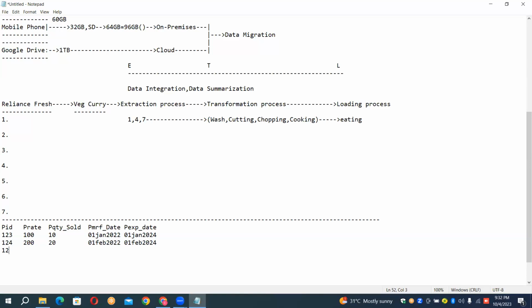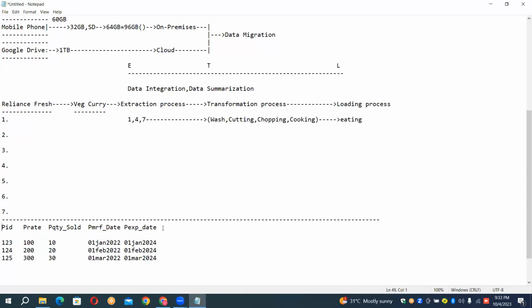Then again, you have 105, rate 300, and 30 is the quantity sold. The date of manufacture is 1st March 2022, and the date of expiry is 1st March 2024. That's it, guys. This is the data you have.